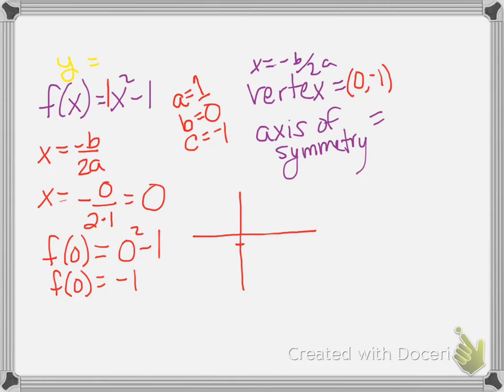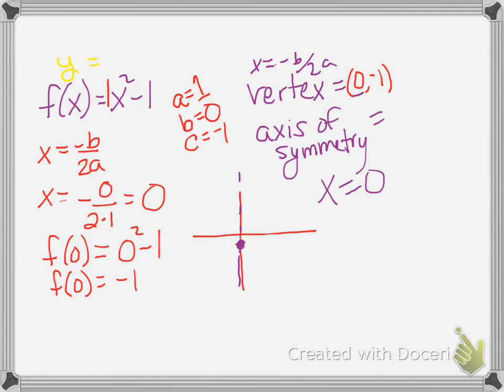So the vertex ends up being right here somewhere. Okay, so if this is the vertex, the axis of symmetry has to run through the vertex along the x. So the axis of symmetry is x equals 0.